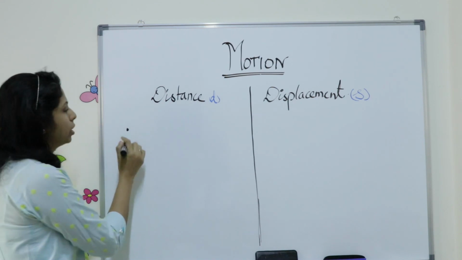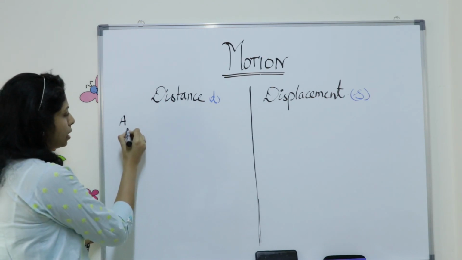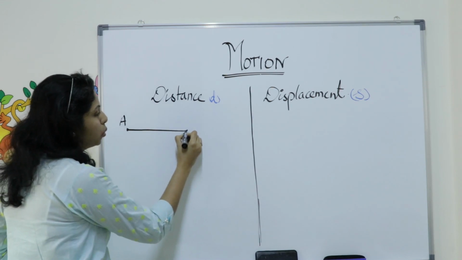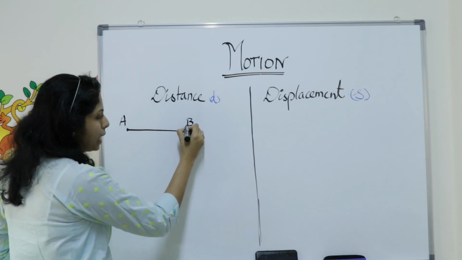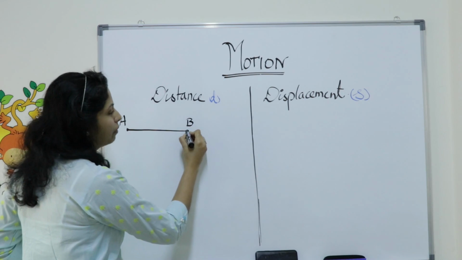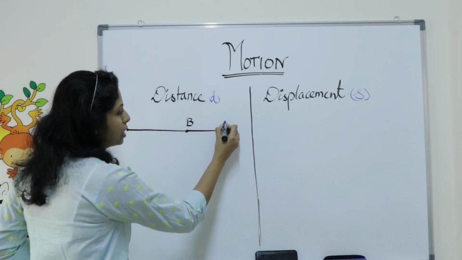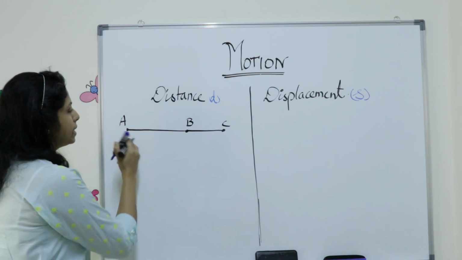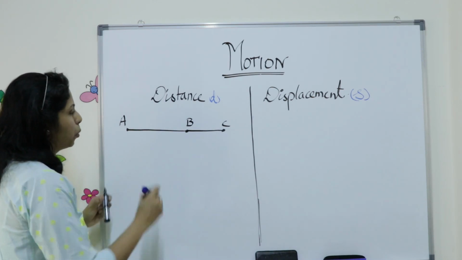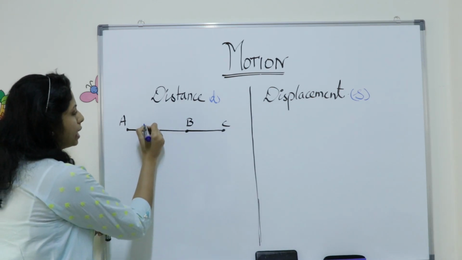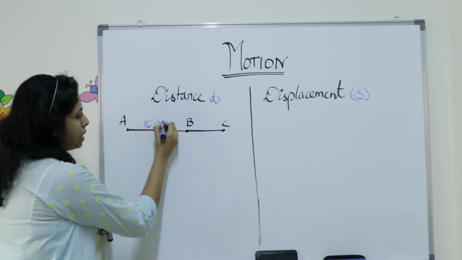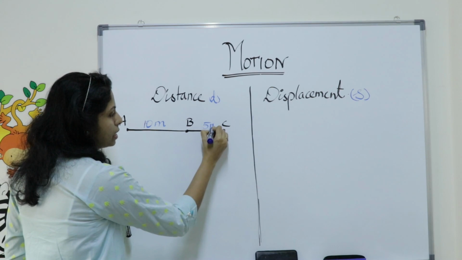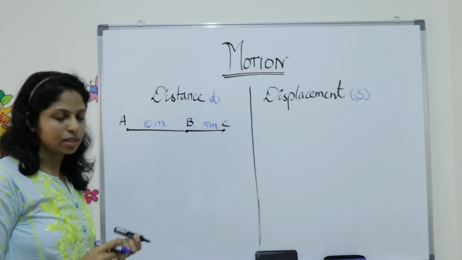An object which is at point or position A travels to a point B and further travels to a point C. And let us consider the distance between the 2 points A and B is 10 meters, whereas the distance between B and C is 5 meters.